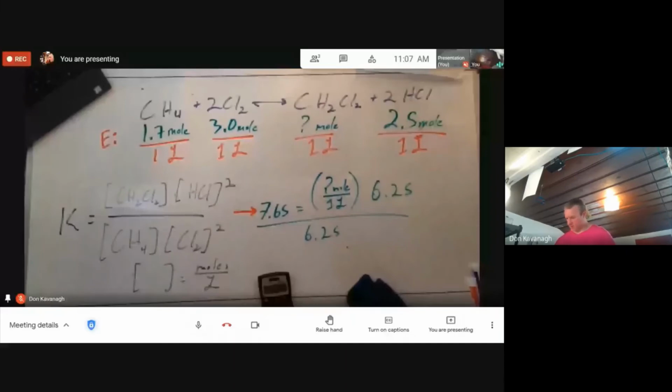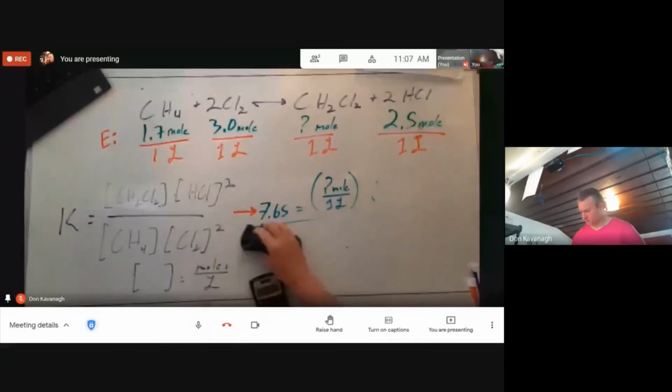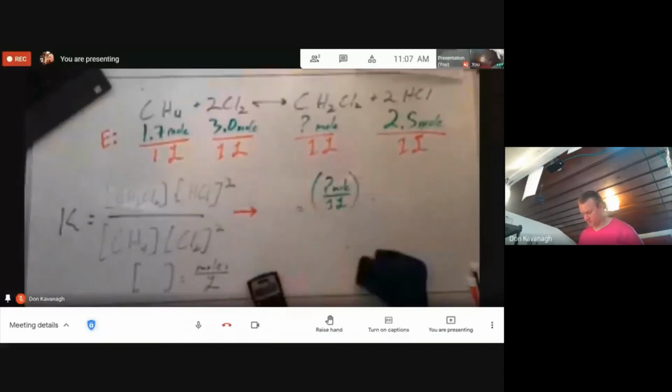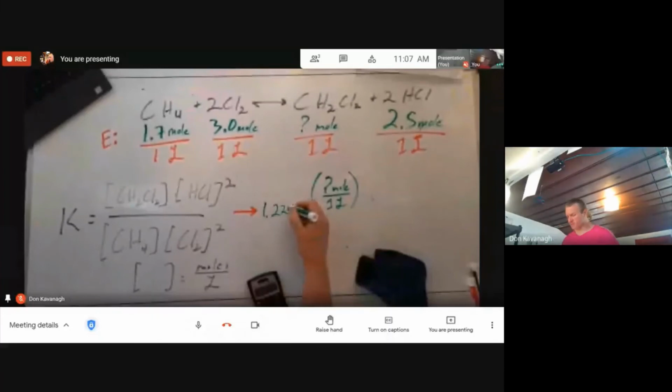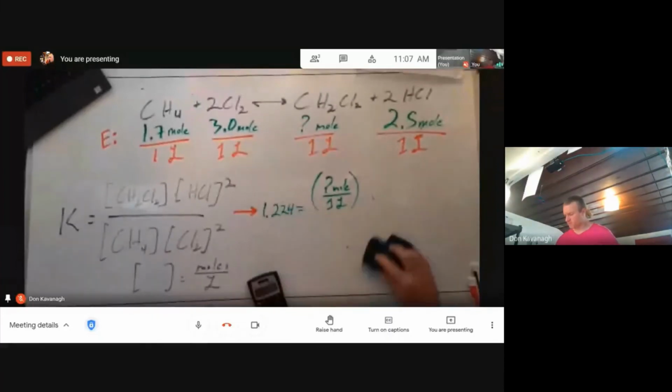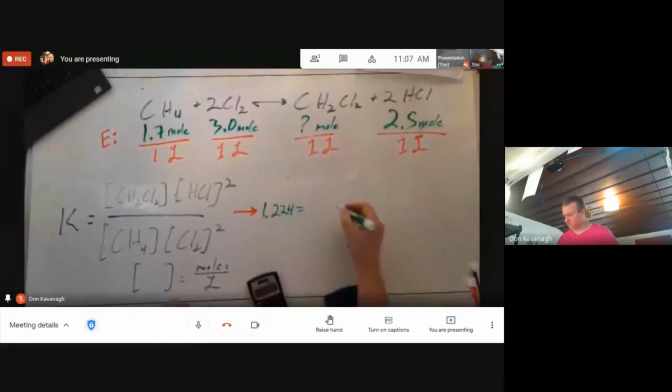I'm going to rewrite this without the parentheses, and erase these units: in the numerator the units are moles, and in the denominator the units are liters.